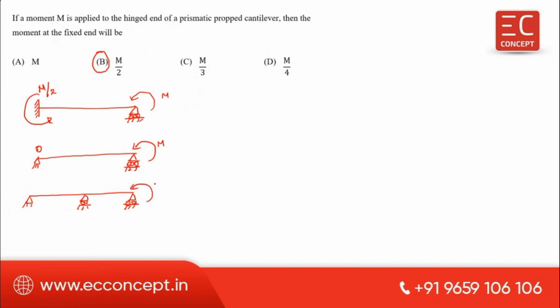If you apply moment M here, then half of the moment will be carried over to the adjacent end. Why is it carried over here? Because this is the intermediate support. For an intermediate support, it will be carried over. For a fixed support, it will be carried over. But for a simply supported extreme end, it won't carry over.